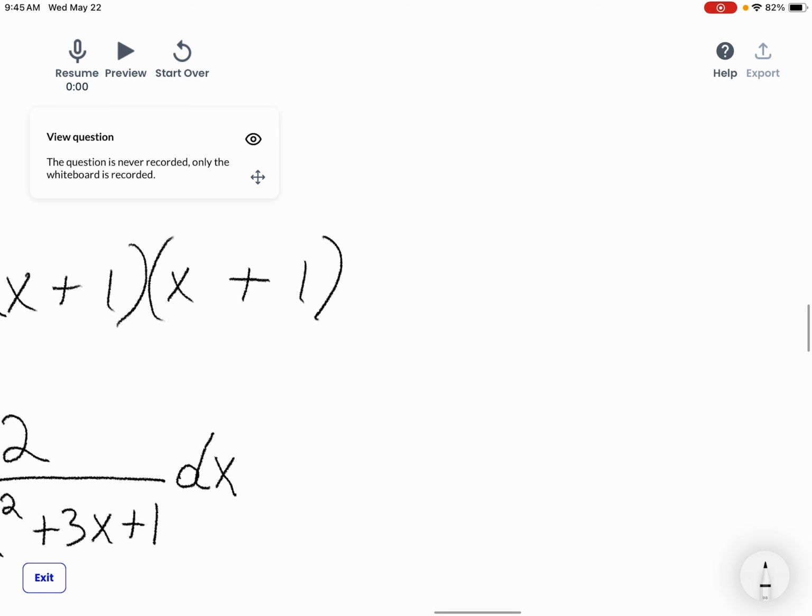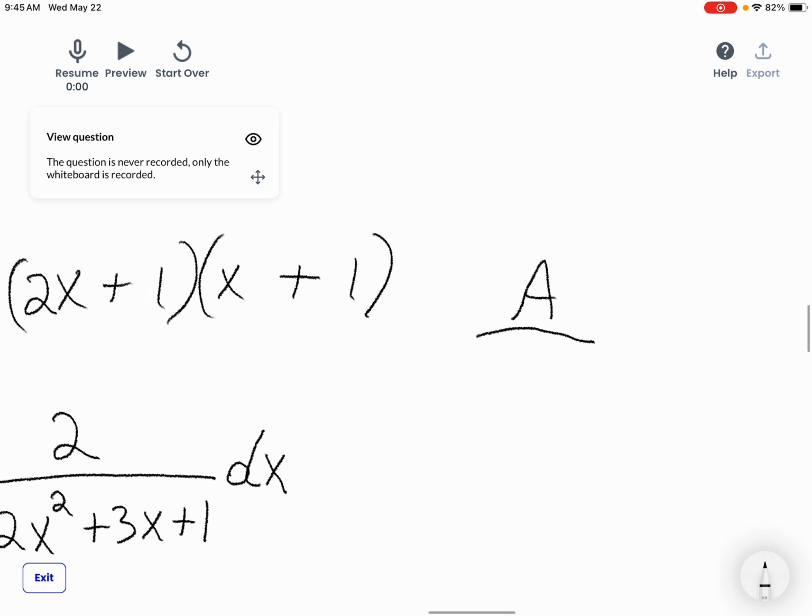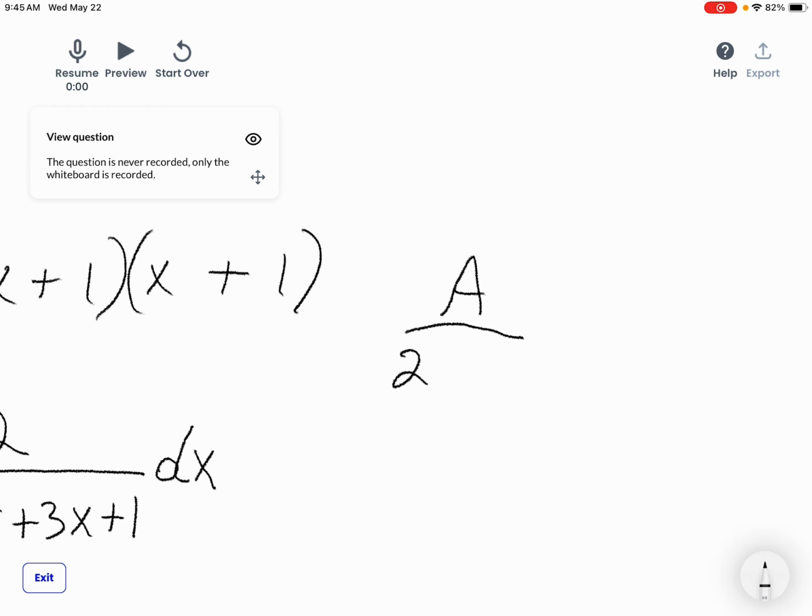If we had some constant a over that first linear factor, a over 2x plus 1, and then plus b over the other factor, x plus 1, well, to add these fractions we would have to get a common denominator. It's just going to be the product of our two denominators, x plus 1 times 2x plus 1.